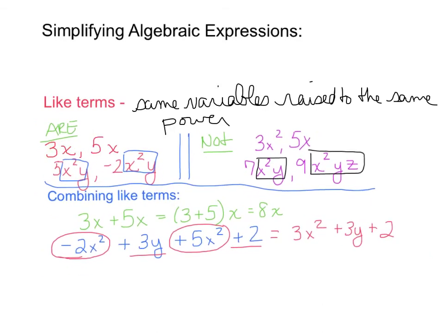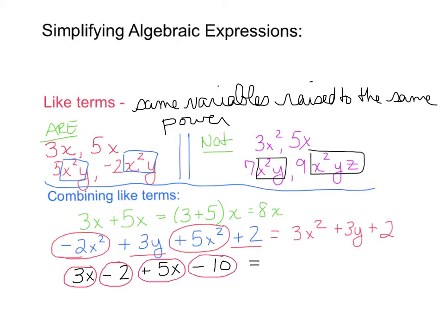Now just a caution when we're looking at these. If I have something like 3x minus 2 plus 5x minus 10, what's important to realize is if I were to branch these off, I deal with the 3x, I would have a minus 2, I would have a positive 5x, and I would have a minus 10.